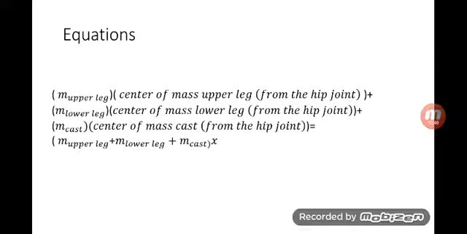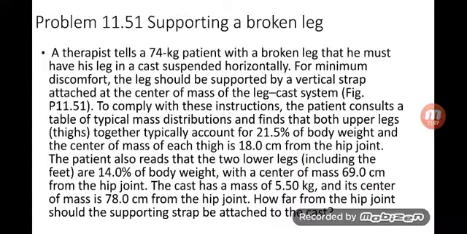So the equation is mass of the upper leg times center of mass of the upper leg from the hip joint, plus mass of lower leg times center of mass of lower leg from the hip joint, plus mass of cast times center of mass of cast from the hip joint, equals mass of upper leg plus lower leg plus cast times x. Now you're trying to find x, which is where the supporting strap should be attached for maximum comfort.